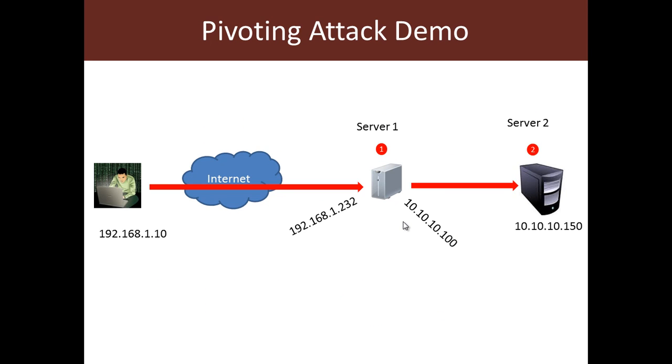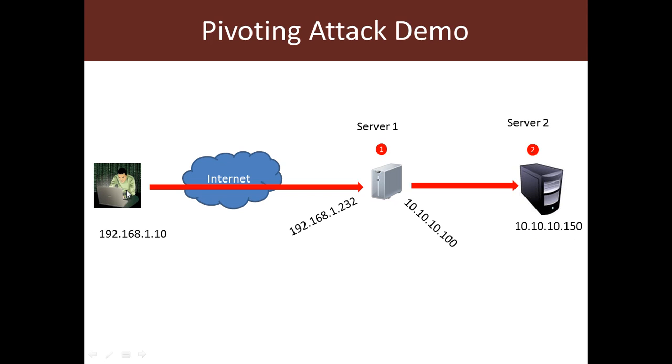Now we've taken a sample scenario in which there is server 1 which has two interfaces. Think about it this way. One of the interfaces is internet facing and has an IP address 192.168.1.232, and the other interface has an internal IP address 10.10.10.100. Now in that internal network there is another server 2, having the IP address 10.10.10.150.